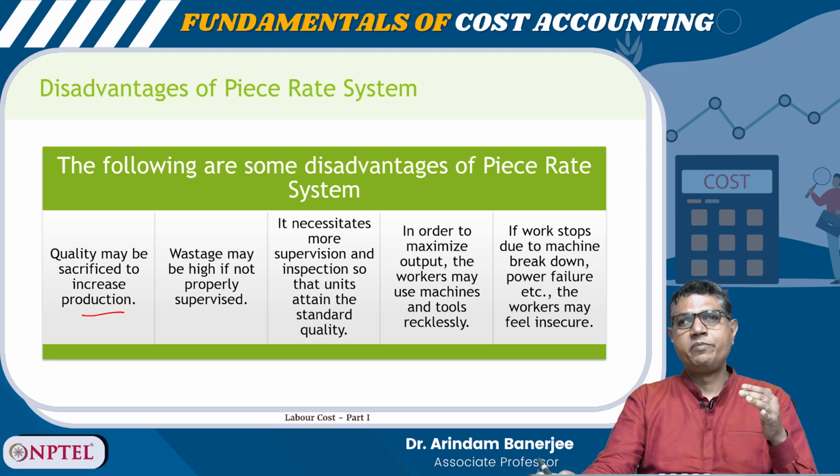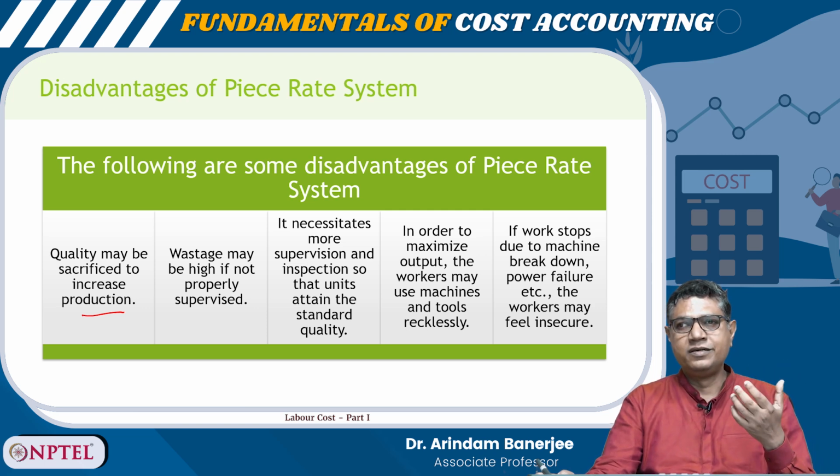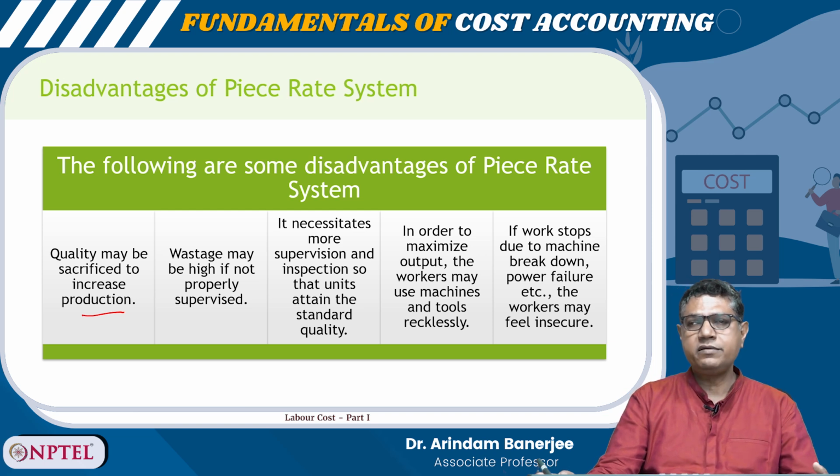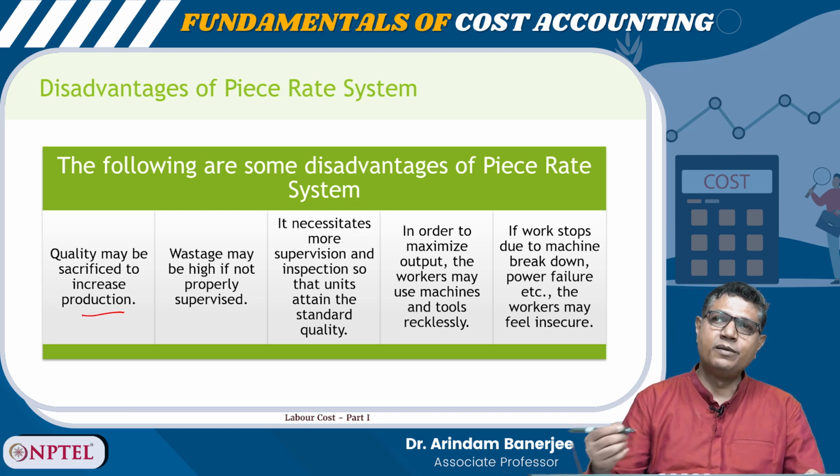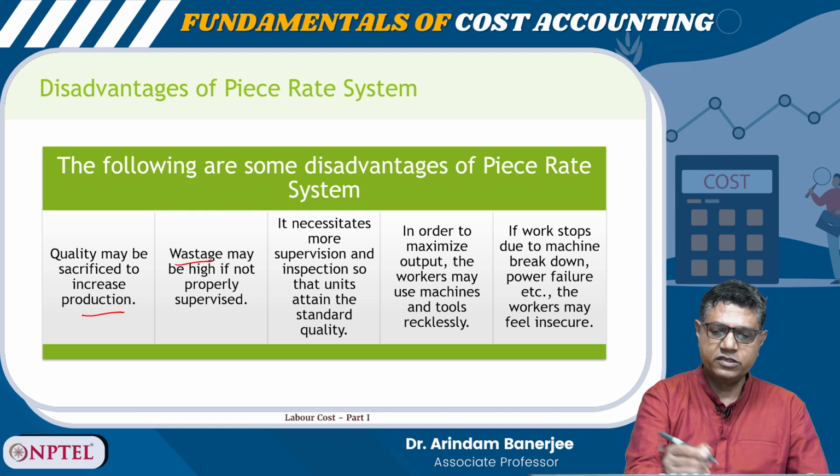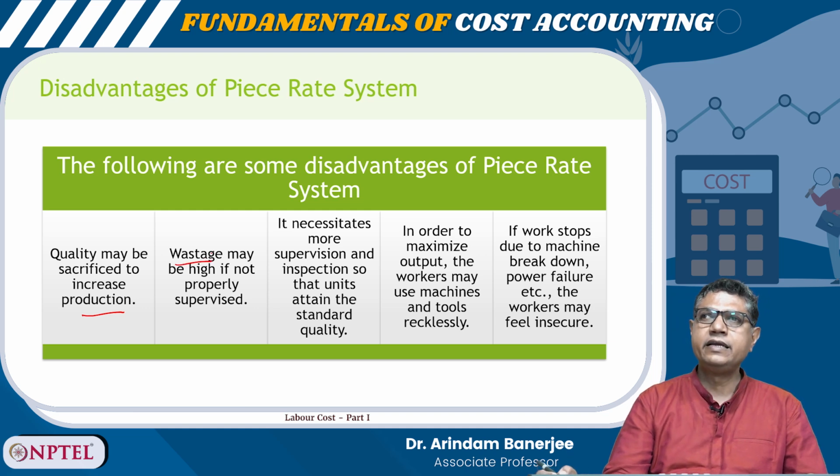So, there may be a tendency to compromise on the quality for more number of units, and wastages may be high because while producing more units in a less time frame, there may be some wastage. It necessitates more supervision and inspection for the same reason, so that units attain the standard quality.